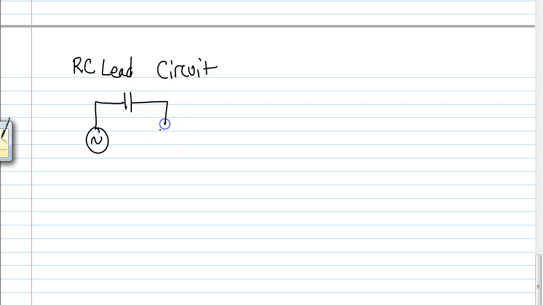There's the capacitor. There's the resistor. If I instead take the output voltage to be across the resistor, then I've created an RC lead circuit.